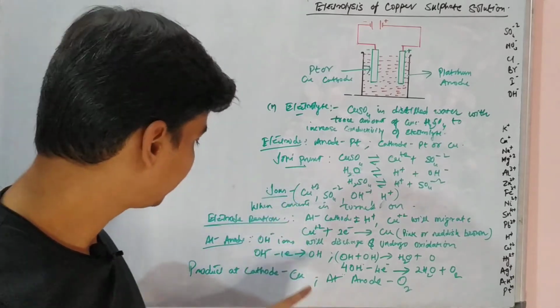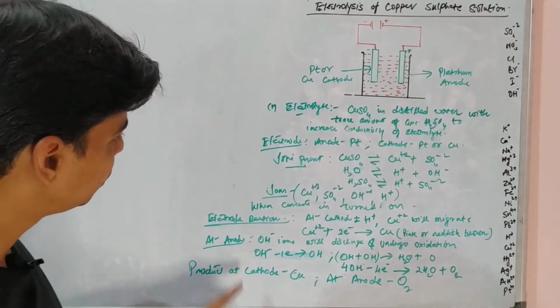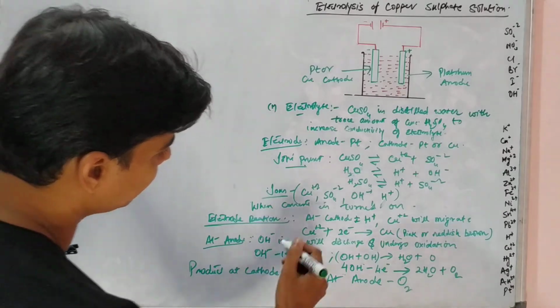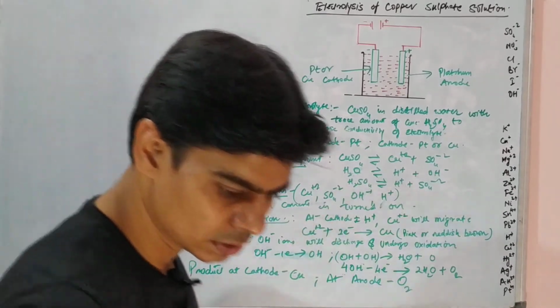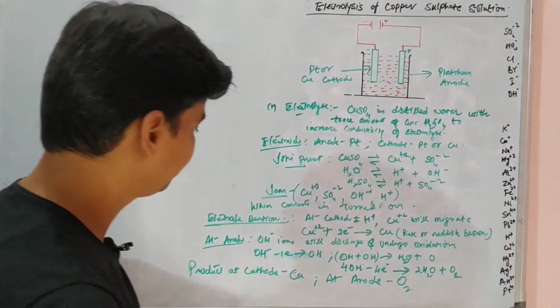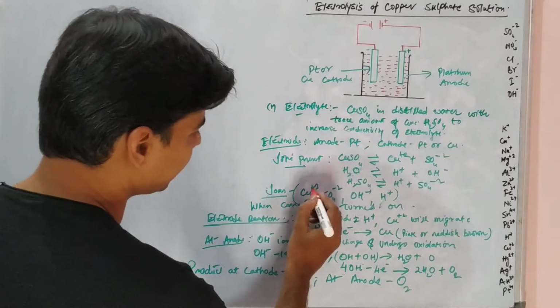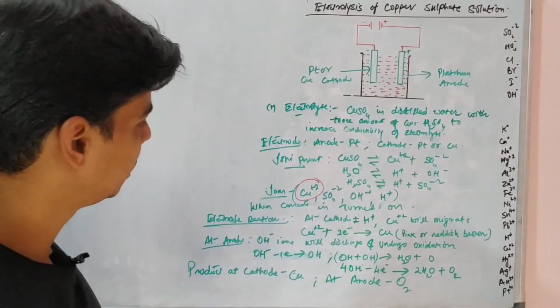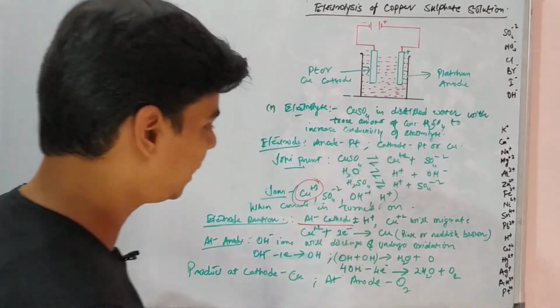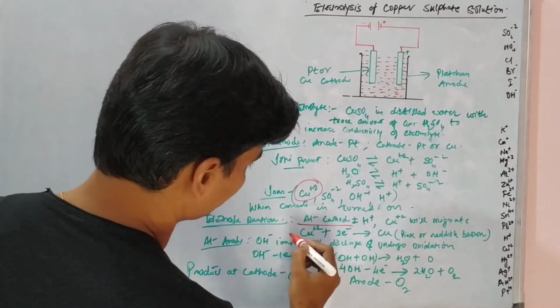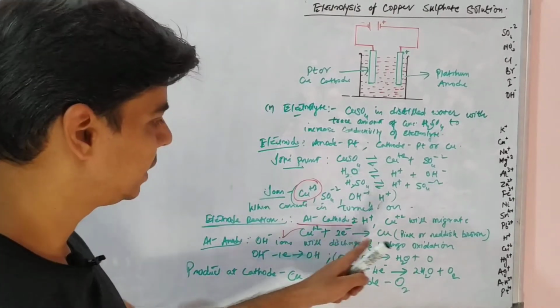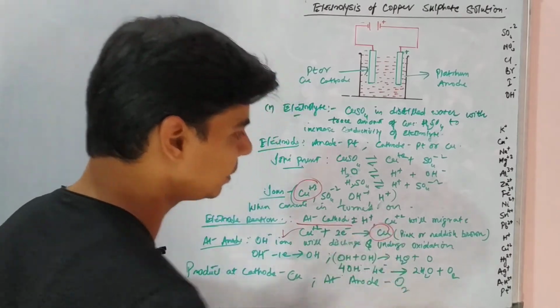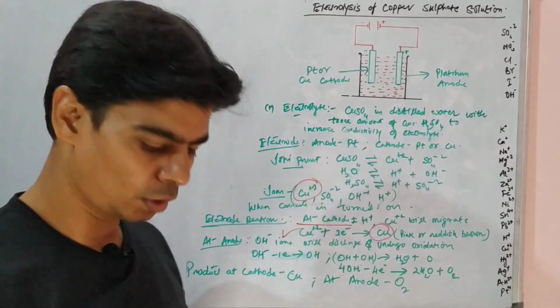So as these copper ions keep moving towards the cathode, this was the reaction. As these copper ions move towards the cathode, they get deposited to form pink or reddish brown copper metal.